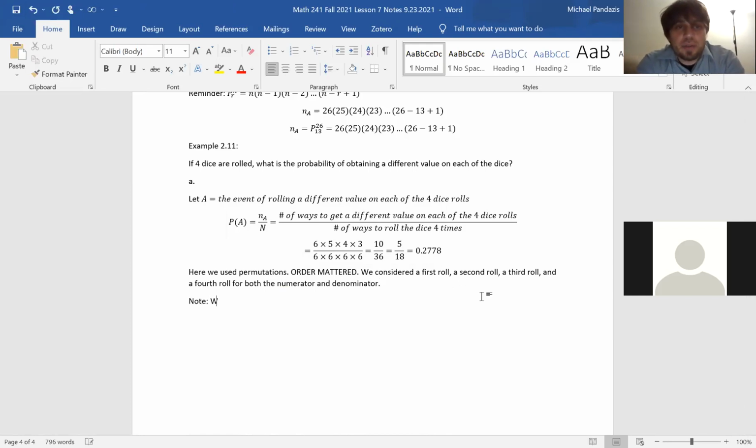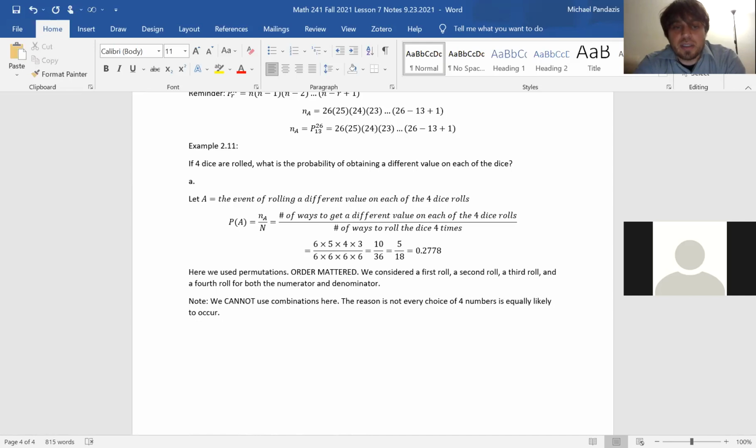Okay, note we cannot use combinations here. The reason is not every choice of 4 numbers is equally likely to occur.